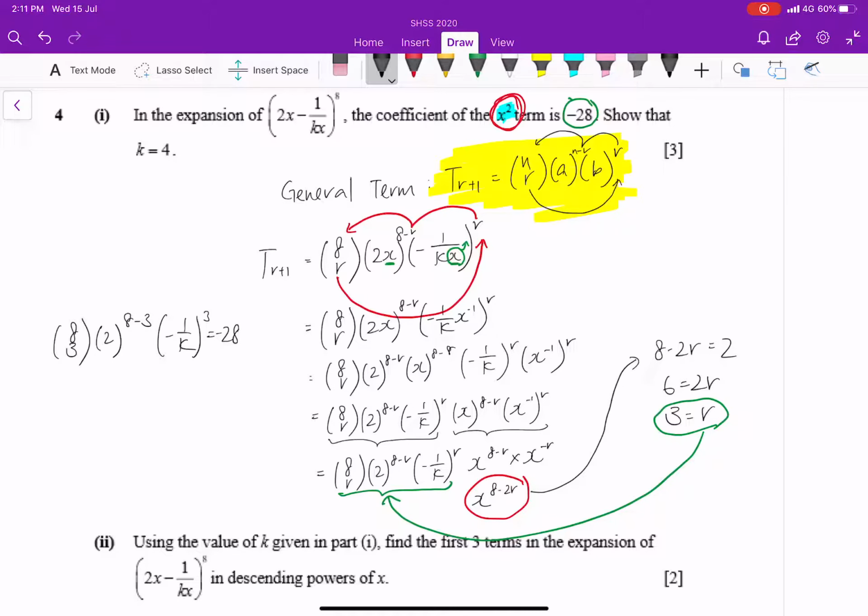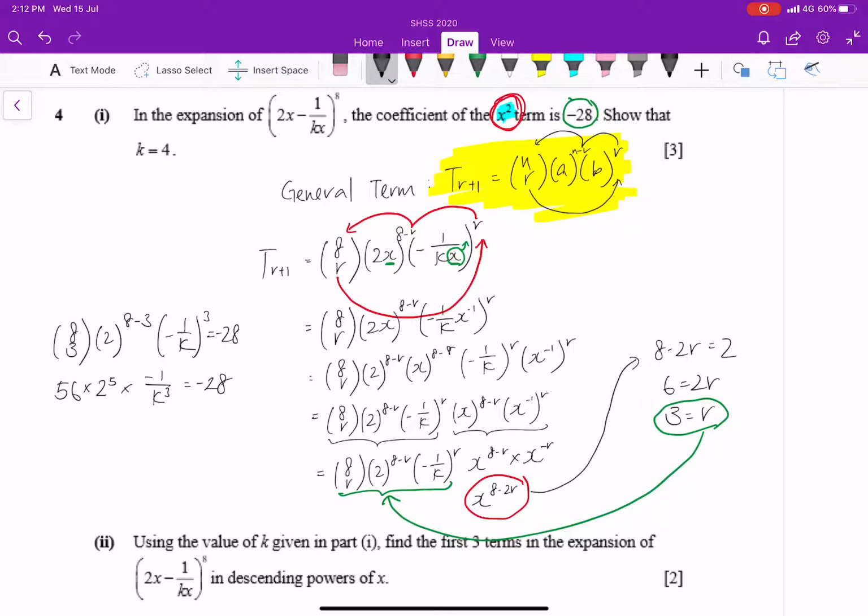Now if you key in 8C3 into the calculator, 8C3 will give you 56. So this is 56, multiplied by 2 to the power of 5, multiplied by negative 1 over k cubed, and that will give you negative 28.